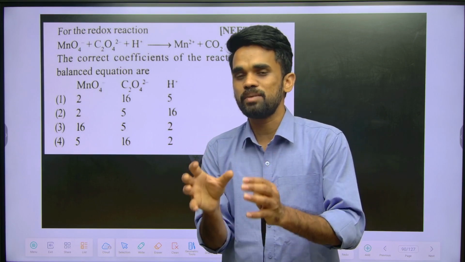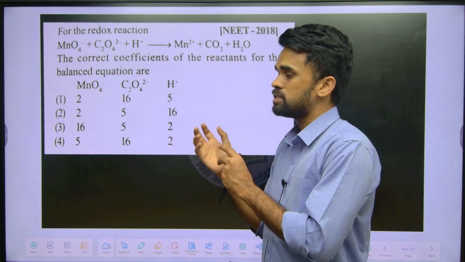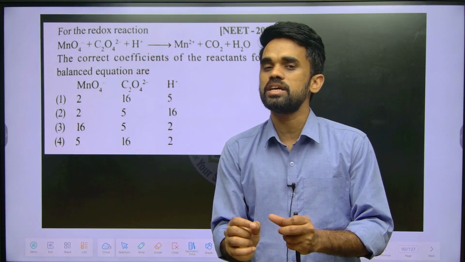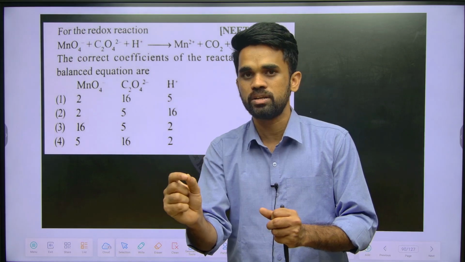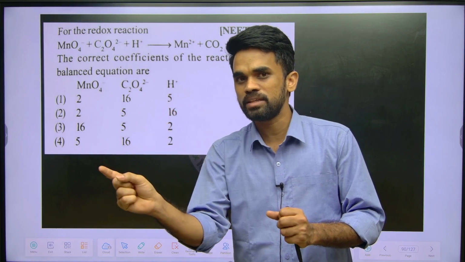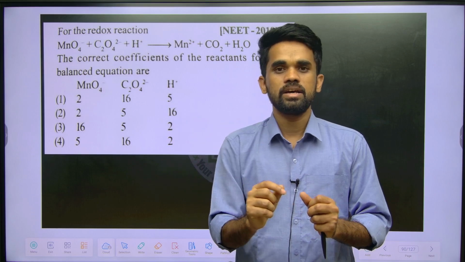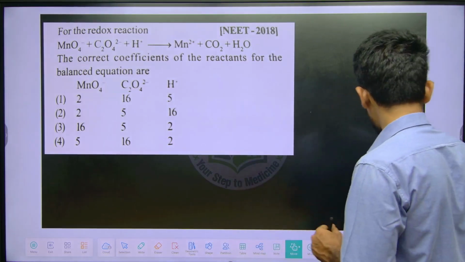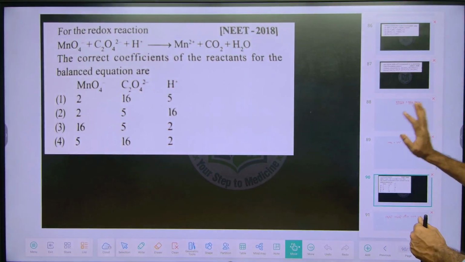Now we are going to use the same concepts to solve this. One small suggestion: if you haven't watched that session, please go and watch it, and then come back to this session. Right, let us discuss balancing of redox reactions.